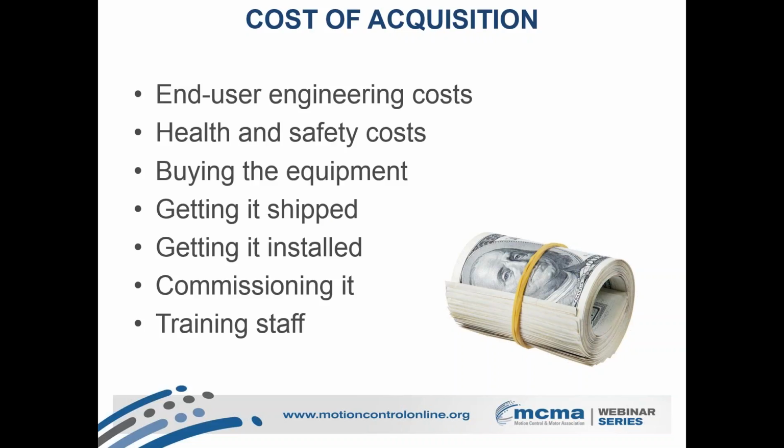So first, obviously, we should start out with cost of acquisition. And there are a lot of nuances to that. The obvious cost of acquisition is the check that you write to the company that's supplying you, the machine builder or the OEM, but a lot more goes into that acquisition than that.